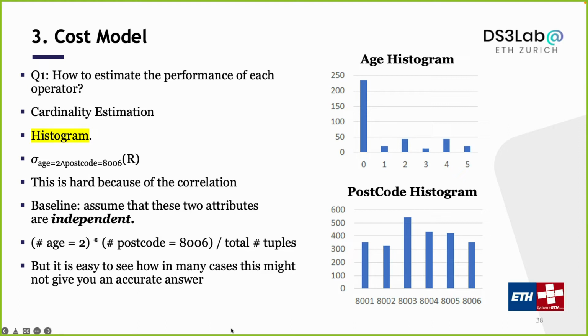It's hard because when you have multiple attributes and you want to say, I want these multiple attributes to be like this, tell me how many tuples you are going to have. If you do not capture the correlation between these multiple attributes, that's potentially going to be very bad, because you cannot always assume they are independent.